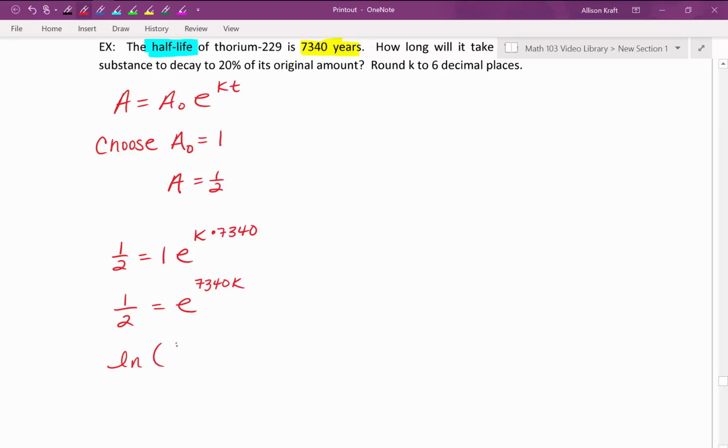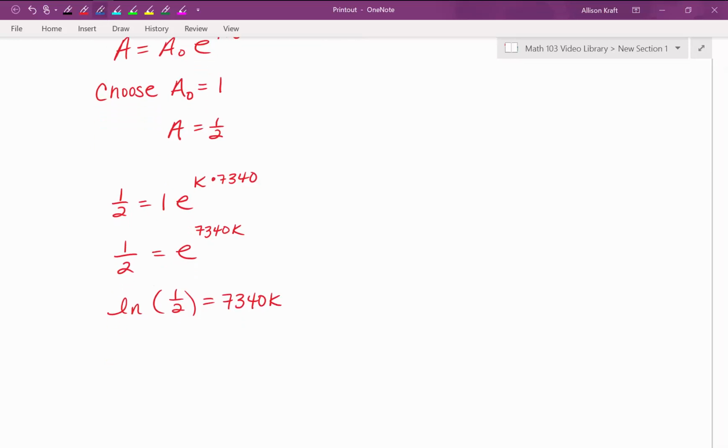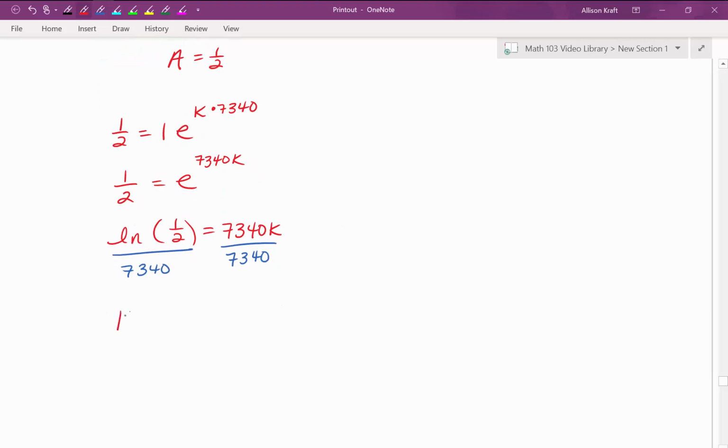This becomes the natural log of 1/2 equals 7,340k. And then to solve for k, we'll divide both sides by 7,340. This means that k equals the natural log of 1/2 divided by 7,340. We'll plug this in our calculator and round to 6 decimal places.